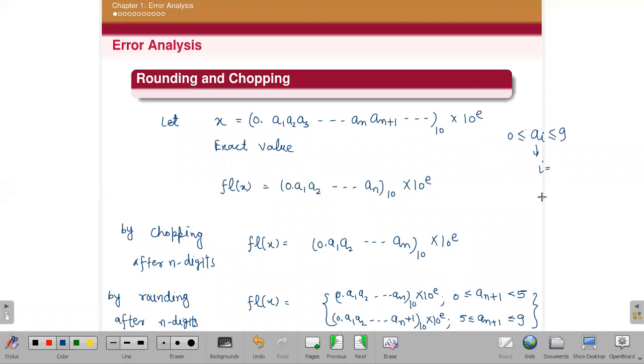Why does it break at 5? Actually, that is a case of 50%. Suppose I divide something into 50-50, it will be okay.